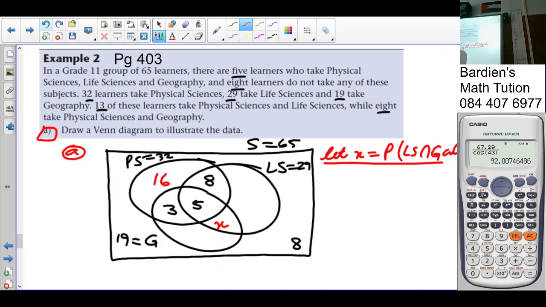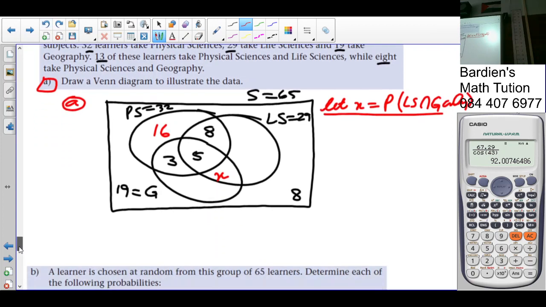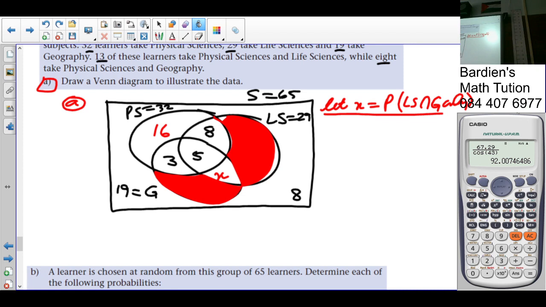So if that is equal to x, I'm going to represent this part of the subset in terms of x, as well as life science only, that part of the subset we want in terms of x. You guys understand?